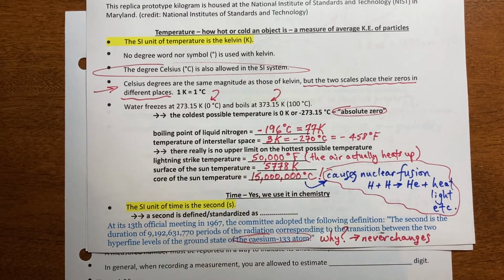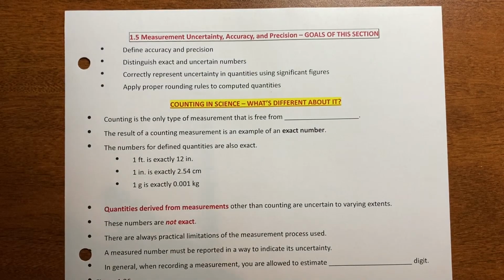But my point is that it's a regularly occurring natural process that never changes. That's why we've chosen to base the second on the frequency of a radiation transition in a certain atom. That's very obscure information, I know, but the point is that we have to have a reference, a standard to base all these different units on that never changes.